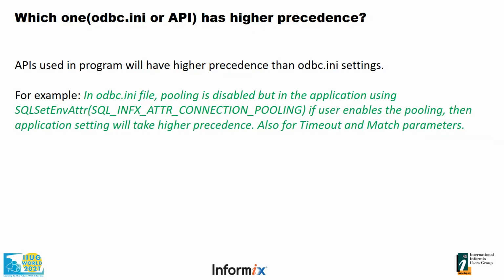But from an application, using the SQL set environment attribute function, you can enable connection pooling by passing the connection pooling parameter, SQL INFX attribute connection pooling. So the API is always given the higher precedence, and the same applies to the other parameters, timeout and match.